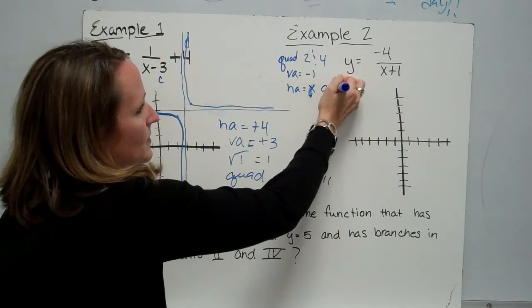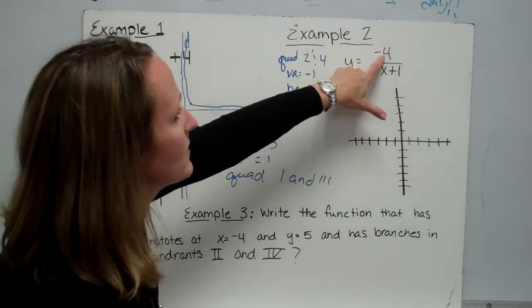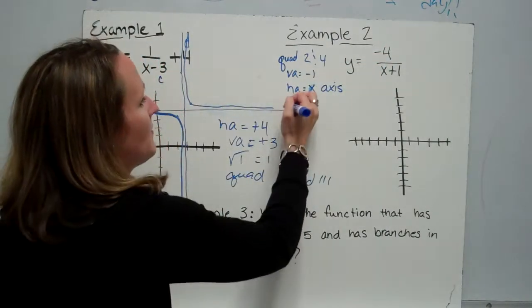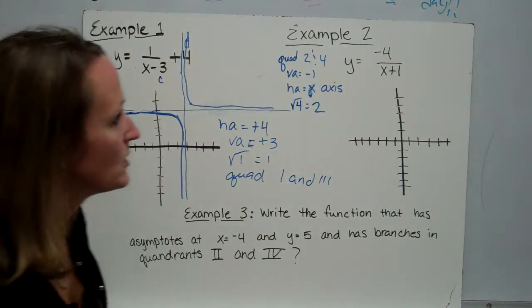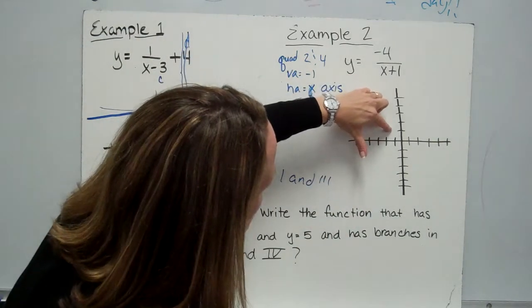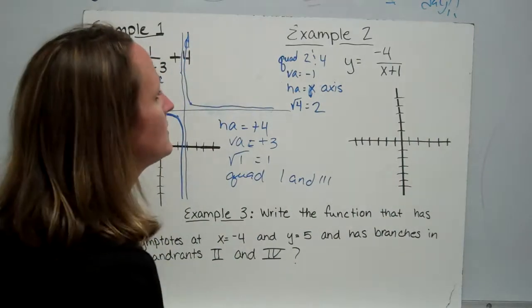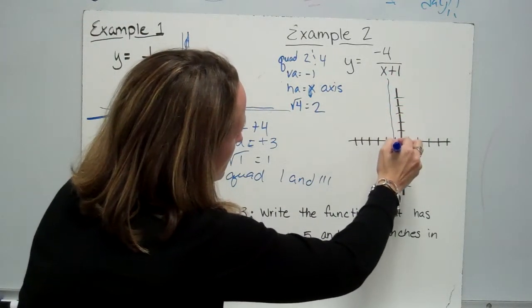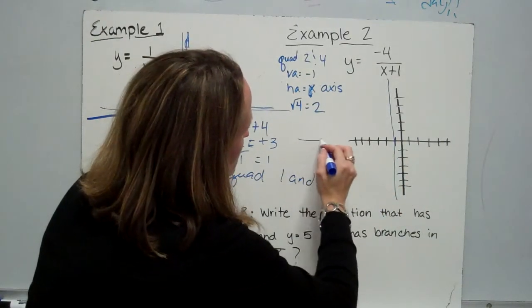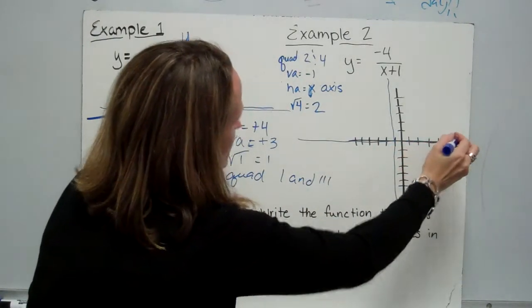Then I've got to look at my a value or my k value. The square root of that is 2. So I'm going to want to go 2 out, 2 out. So let's get our vertical asymptote drawn at -1. My horizontal asymptote drawn right there.